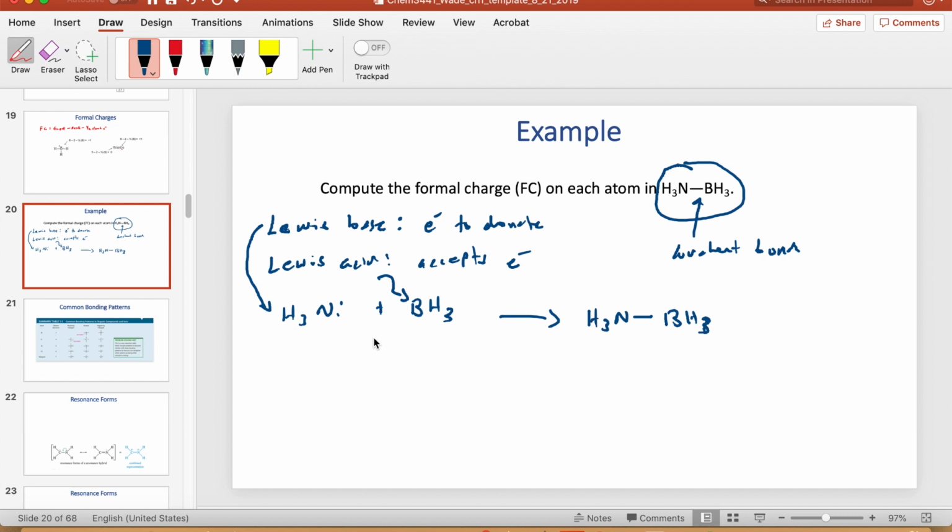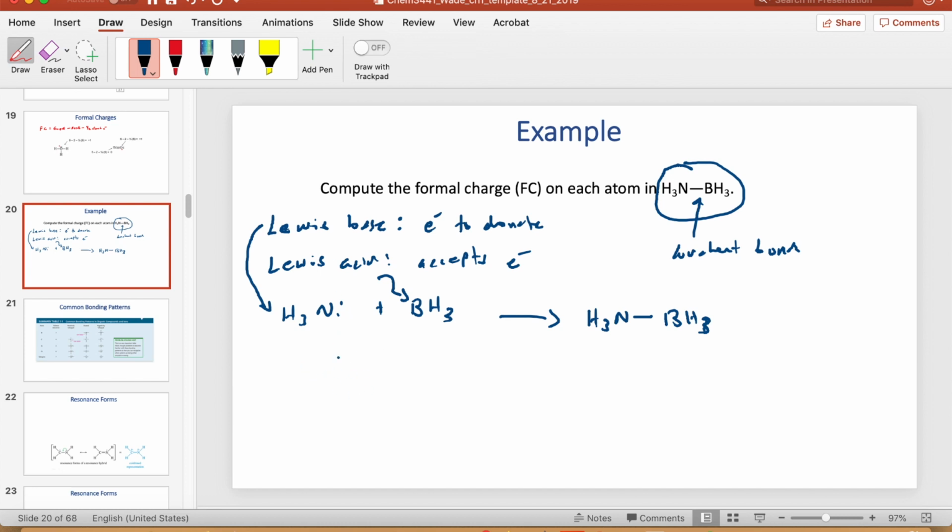And then we need to look at how many bonding electrons it has, right? In this case, you can see that we have 4 bonds, because 3 from nitrogen to hydrogen, and 1 that's in between the two. That would mean that we have a total of 8 electrons there.